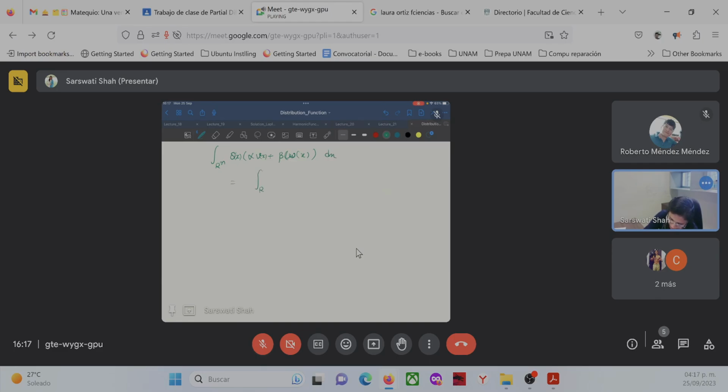Since there is no mu, x minus 0, this will be alpha times v of 0 plus beta times w of 0, and this is nothing but alpha times the integral of delta with v plus beta times the integral of delta with w. So this is also a linear function.